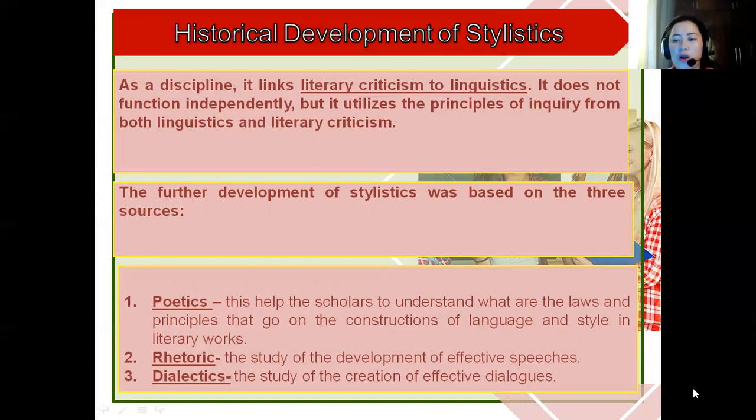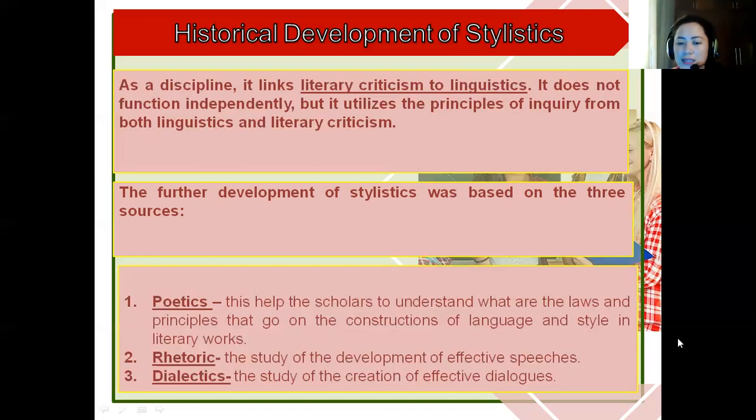Stylistics also owes its existence to rhetoric, since, again, it is not limited to literary works or written works, but it can also be applied to other forms of discourse, as I said in our previous lecture, like in the sermons of priests and pastors, in the speeches of politicians, and in advertisements. So that's rhetoric. The last is dialectics.